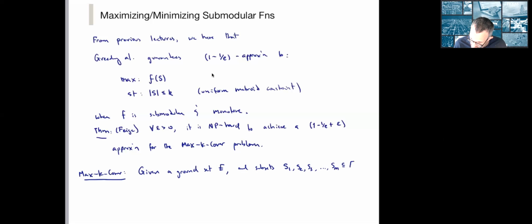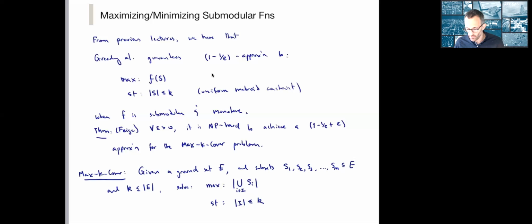I'm given M subsets of E, and of course the value k, which is, the problem is trivial unless it's strictly less than M. What we want to solve is the maximization problem, which says select k sets that have the largest cardinality of their union. In other words, maximize the union over all i in the set I of Si, subject to the size of I being less than or equal to k.